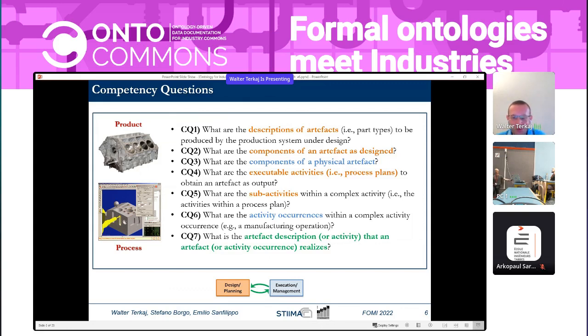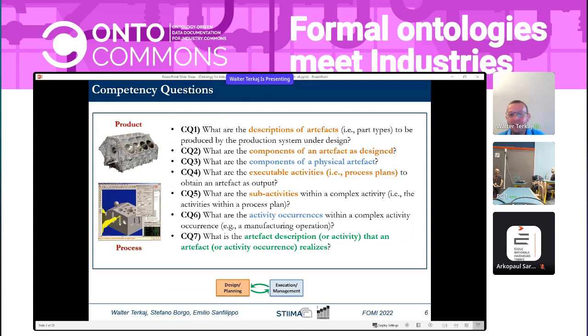But we also want, of course, to describe the physical artifact, so the artifact as produced, together with the occurrences of the activities and specific manufacturing operations.